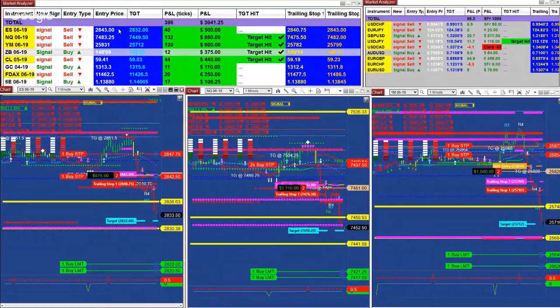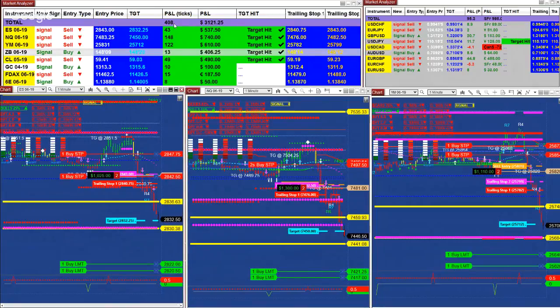So at the moment here, the market analyzer is based on one contract only, and a total from the last entry signal is 38 ticks from the last entry on the ES, 133 ticks on the NASDAQ, 114 ticks on the YM, 13 ticks on the 30-year Treasury bond, 47 ticks on the CL, gold 12 ticks, DAX 17 ticks, and the futures Forex euro dollar, it is right now 9 ticks.